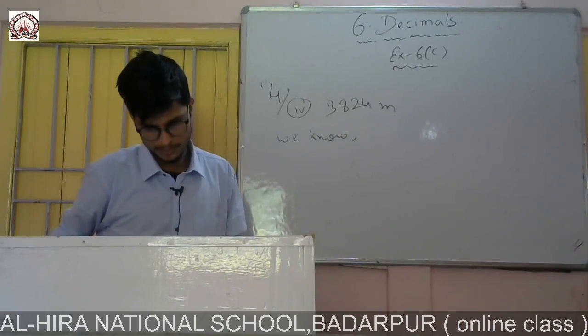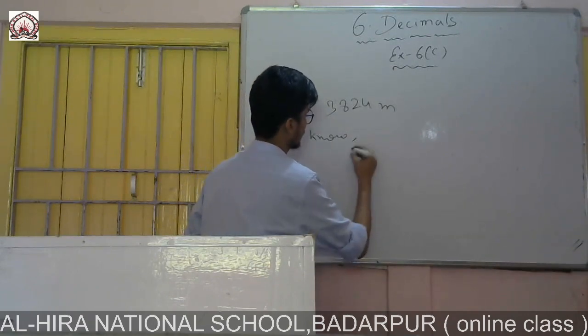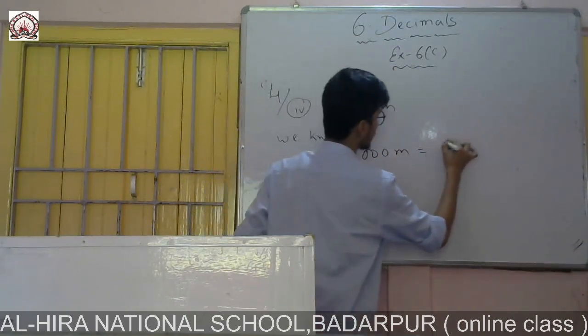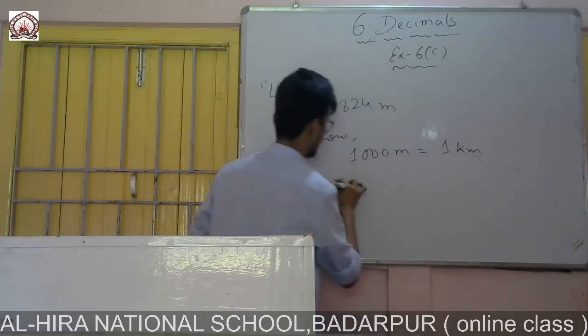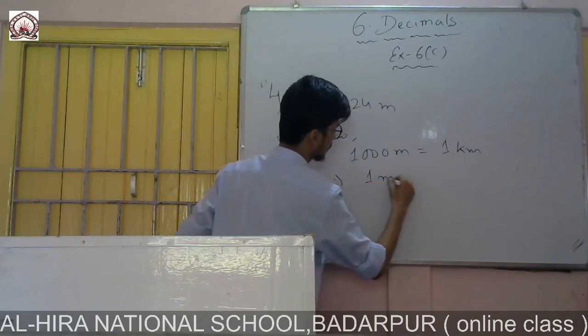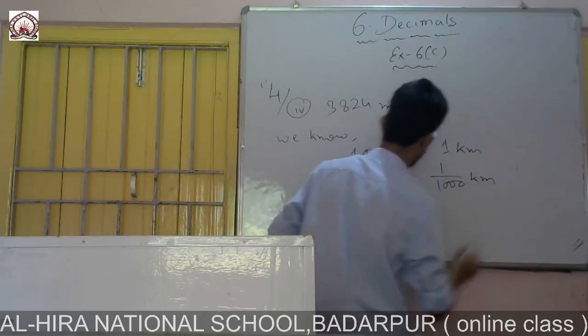We know 1 kilometer is equal to 1000 meter. That means 1 meter equals 1 by 1000 kilometer.